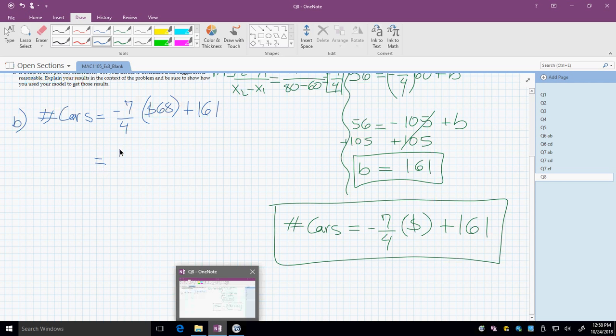That is going to give me negative 119 plus 161, which equals 42. So 42 cars will be rented.